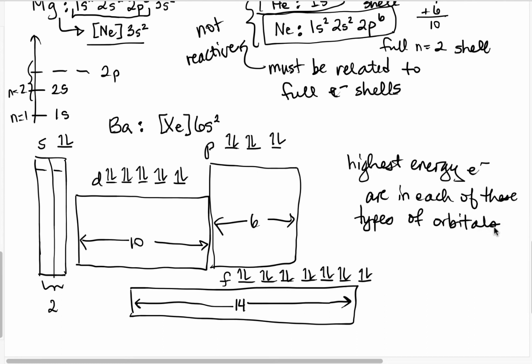And where those electrons are organized into orbitals affects a lot of their properties, which we're going to get into a little bit later on. So this is why we sometimes call this the s block, the d block, the p block, and the f block. Hopefully this is all starting to make a lot of sense.